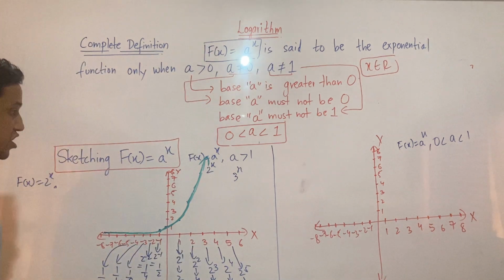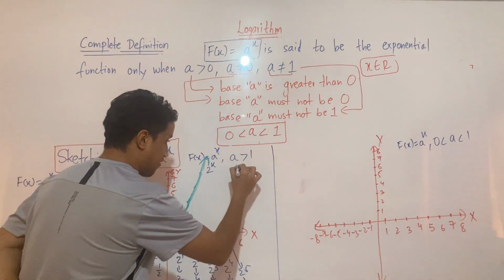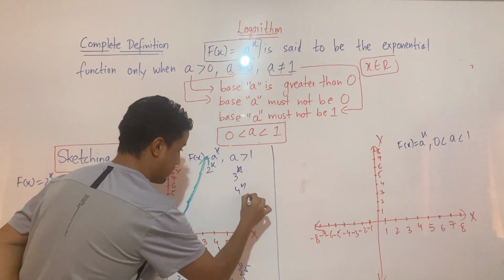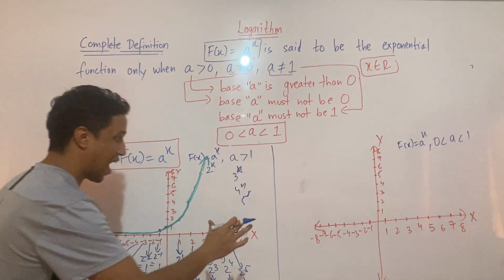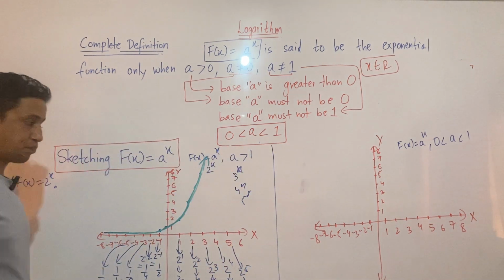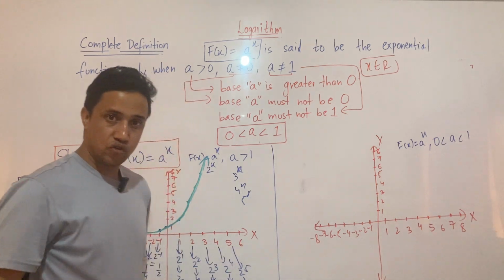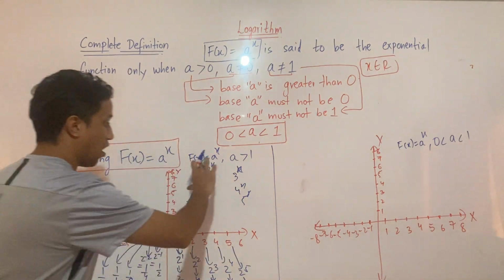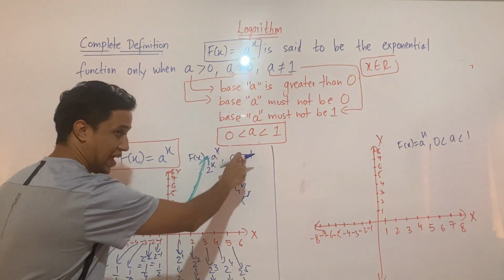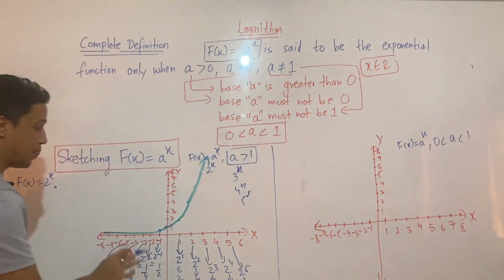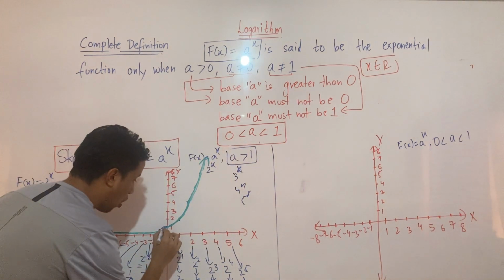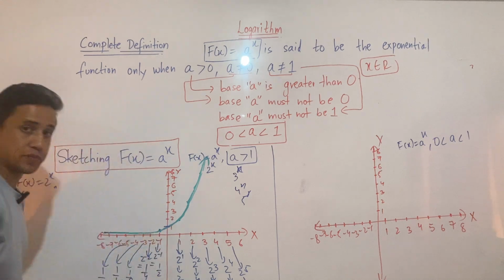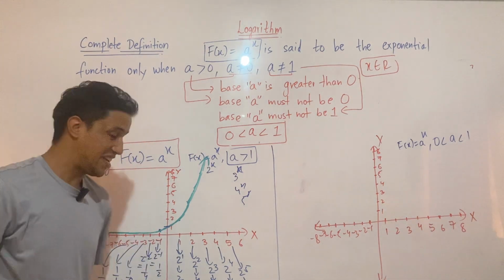But if you draw the graph for 3^x, 4^x, 5^x, 6^x, or any other value of a greater than 1, following this condition, you will see that all those graphs will pass through this point, y equals 1.